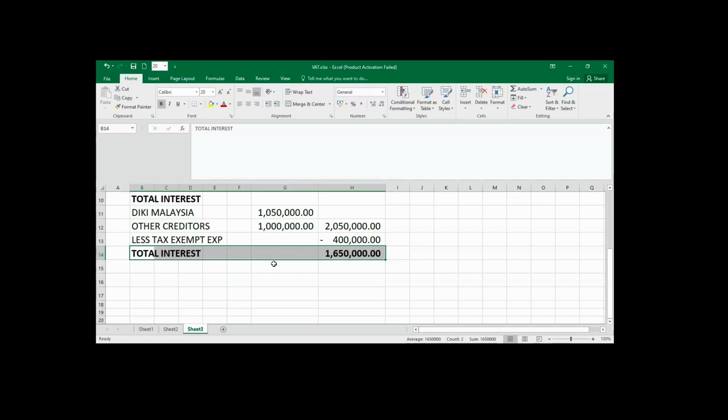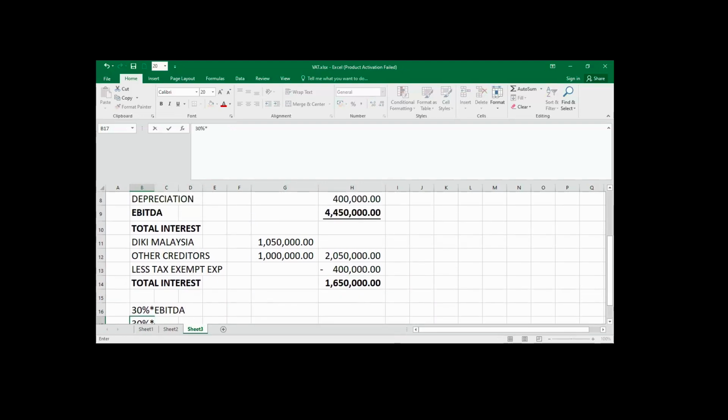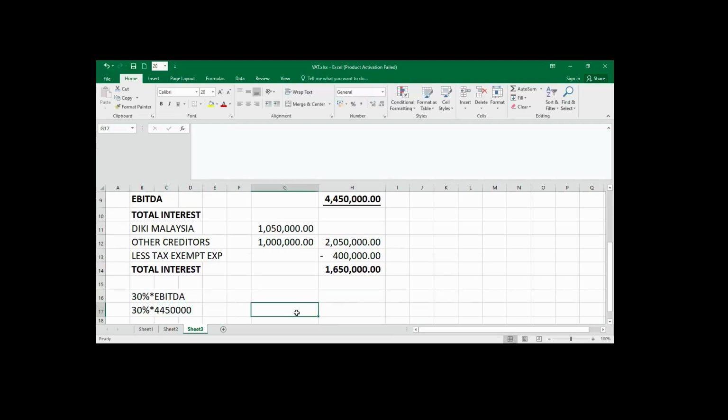But because they said we should restrict it to 30%, we are now going to calculate 30% multiplied by our EBITDA. Our EBITDA, as calculated above, is 4,450,000.